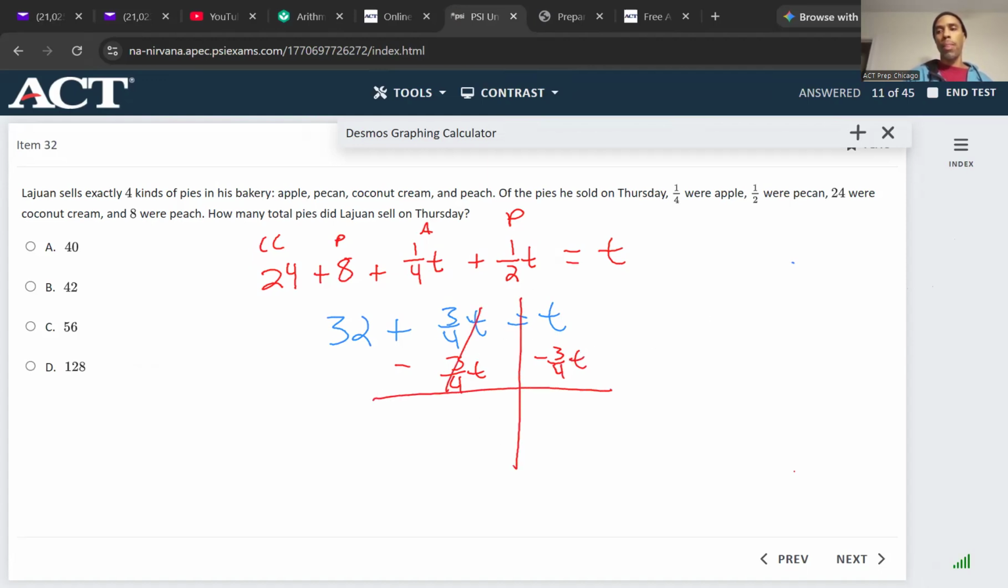I get 32 is equal to T minus 3/4 T, which is 1/4 T. Then I multiply both sides by 4, and that cancels. I get T is equal to 128. Hopefully you got that. T is equal to 128. Very good.